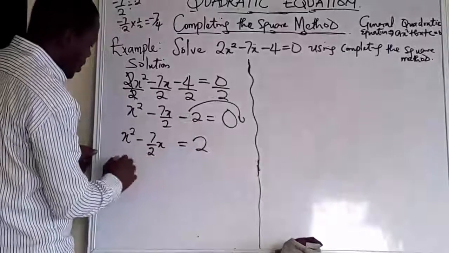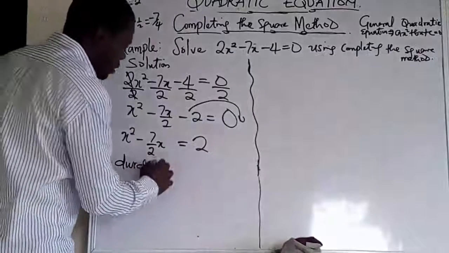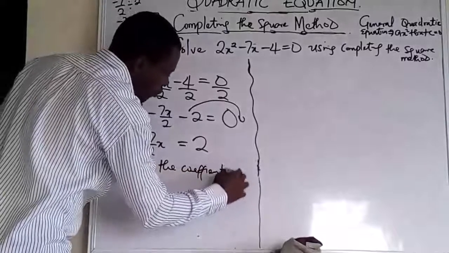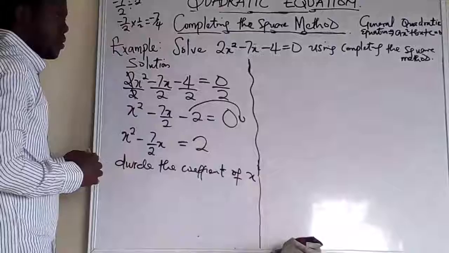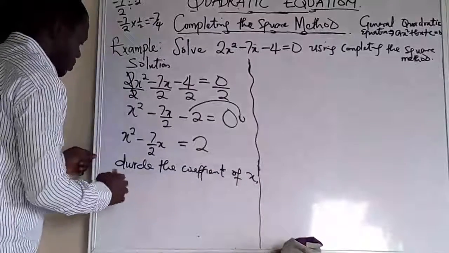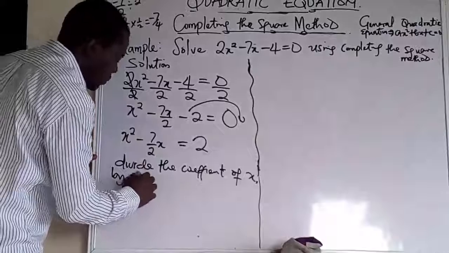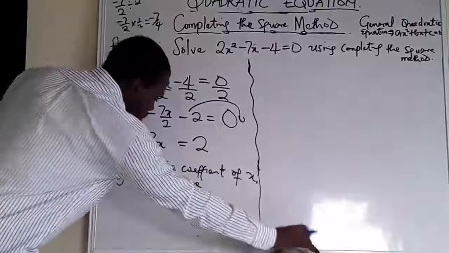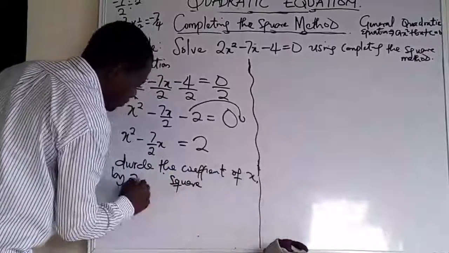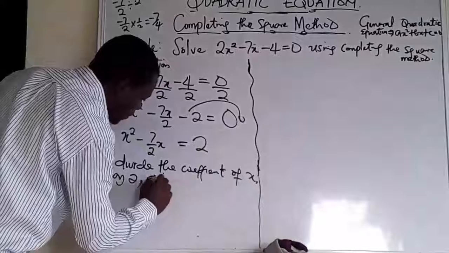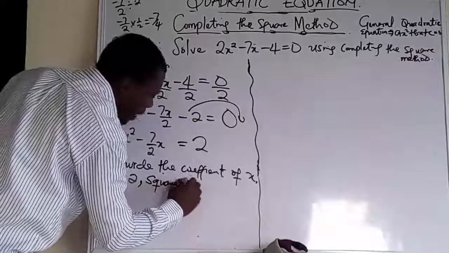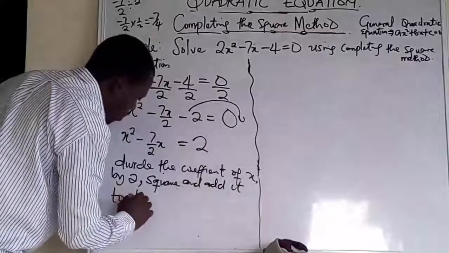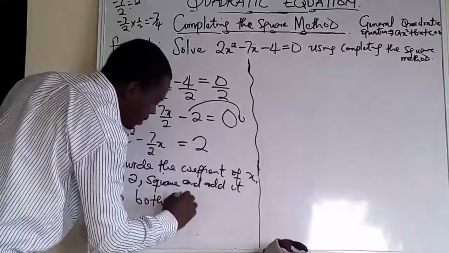So what I'm trying to say is: divide the coefficient of x by 2, square it, and add it to both sides.